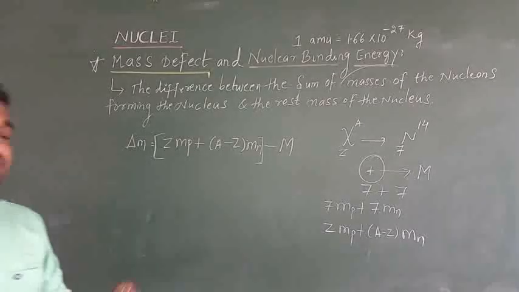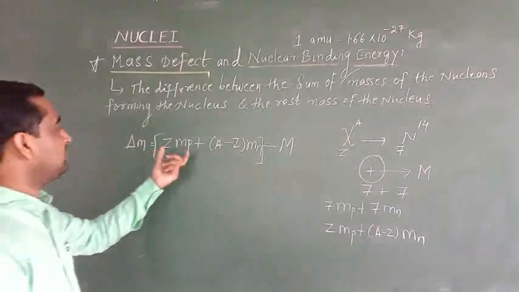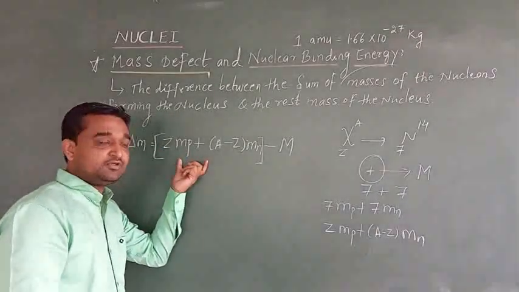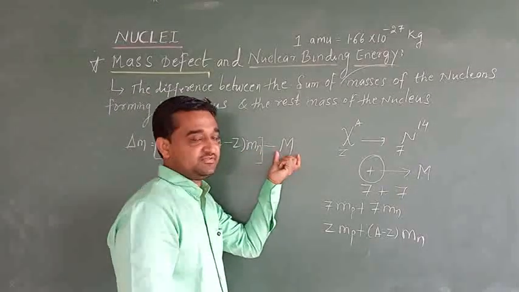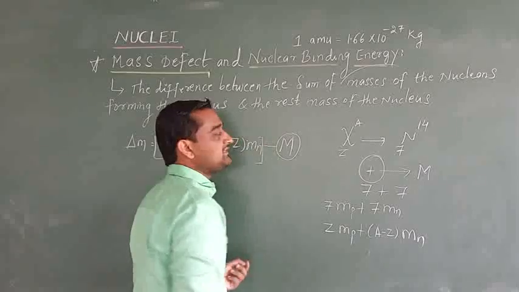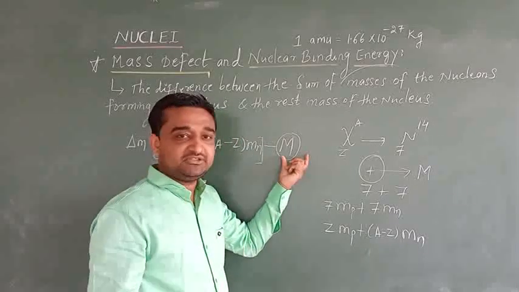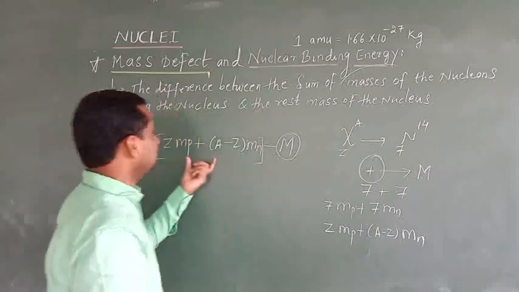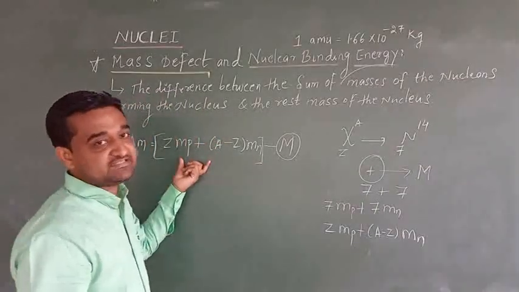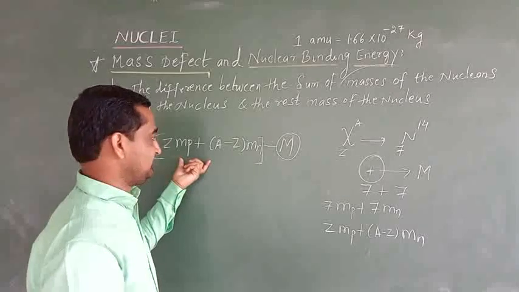That means the sum of the masses of the nucleons we have taken, minus the rest mass of the nucleus. This capital letter M is the mass of the nucleus after forming the stable nucleus. The other term is the mass of the nucleons in the free state before forming the nucleus.